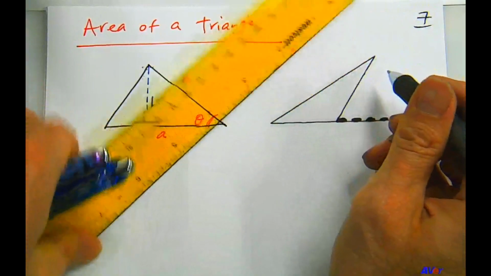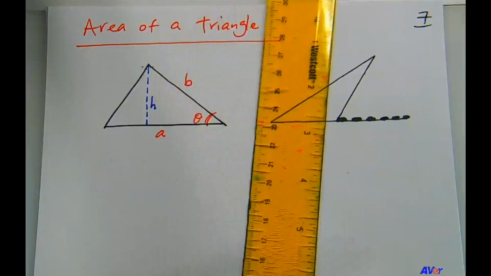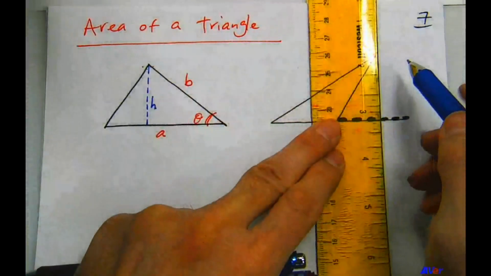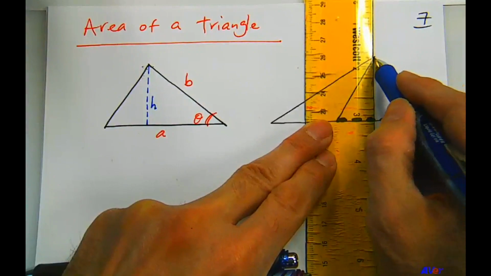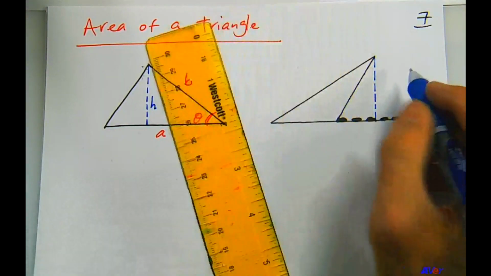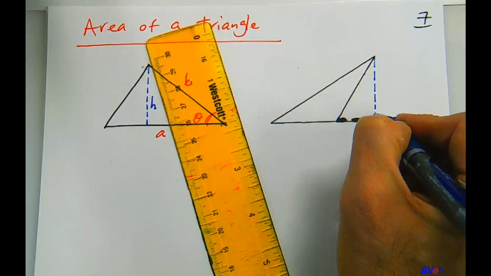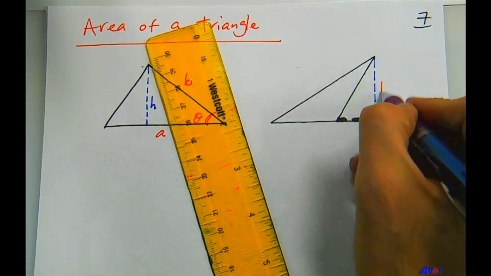So we're doing that. Okay, and then of course the height of this triangle is this vertical line, like that. And so this is at 90 degrees, and this is the height h.